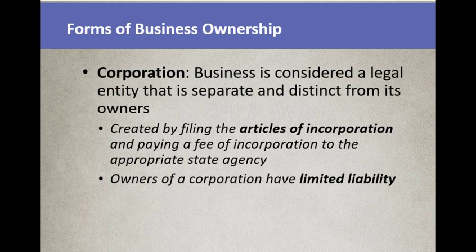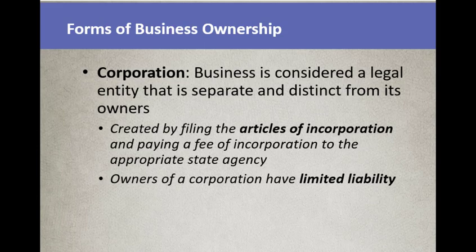Now, the biggest thing about a corporation is it's a separate and distinct entity, separate from its owners, whereas in a sole proprietorship or a partnership, its owners are liable. There is such a thing as what we call the corporate shield. This assists owners in a corporation.